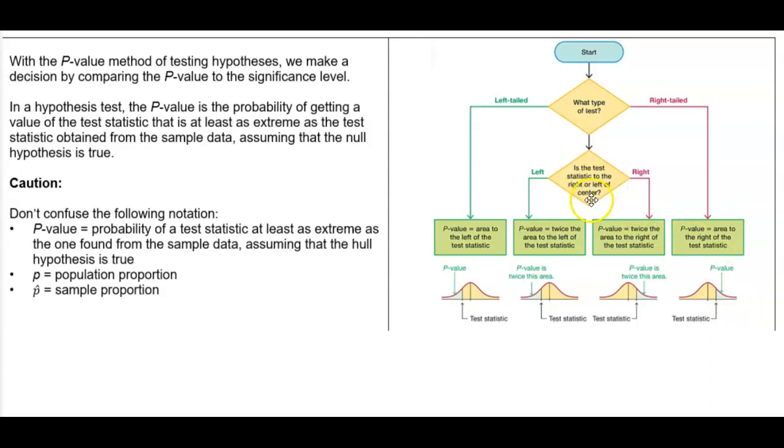If it's a center, meaning that if it is two tails, then you would say the p-value is equal to twice the area to the left of the test statistic, or we can say the p-value is equal to twice the area to the right of the test statistic. The reason why it's twice is because when it's not equals, that means you have two tails, not one tail.